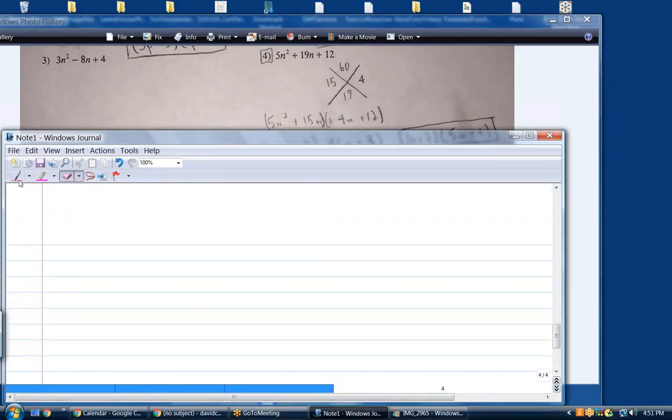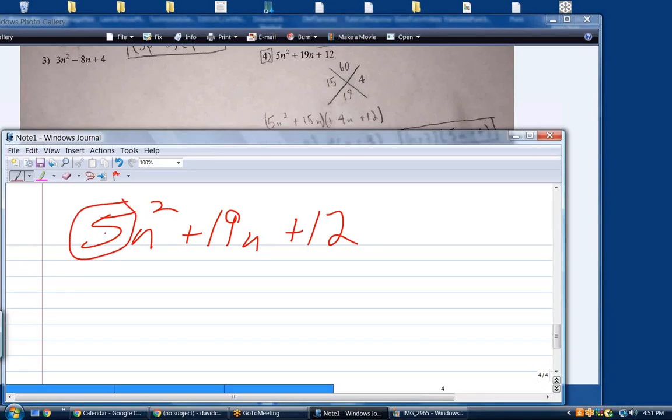Okay. Until you get these down perfectly, I see no reason to work on anything else because there's just nothing going to be as important to you as being able to factor. Really? Yeah. Now, this one's a little harder. There's only 2 factors of that number, so that part's easy.